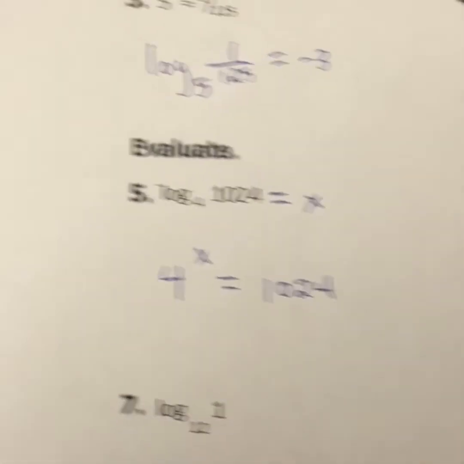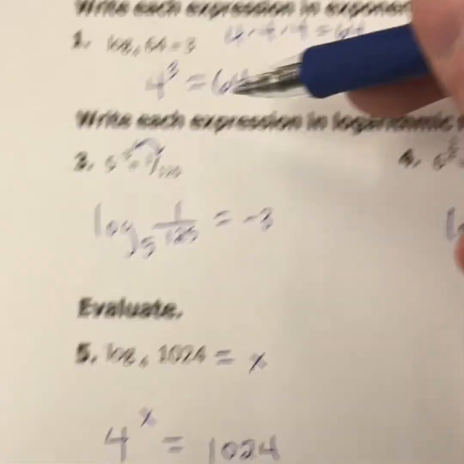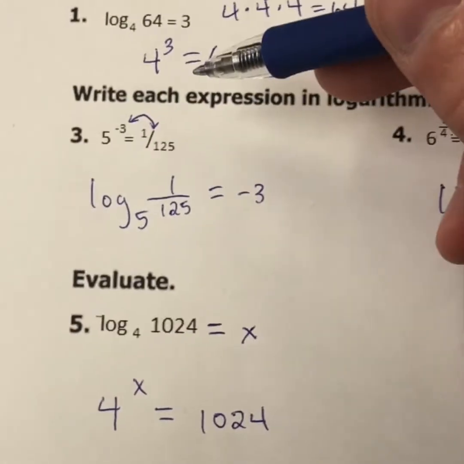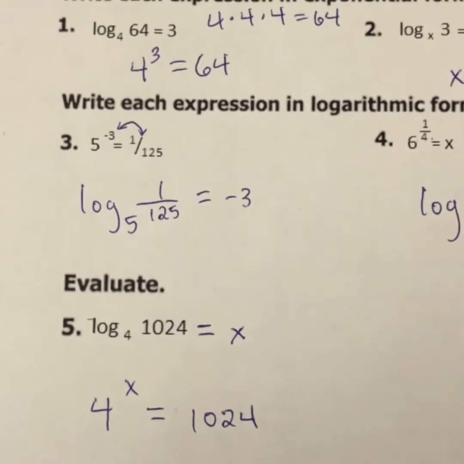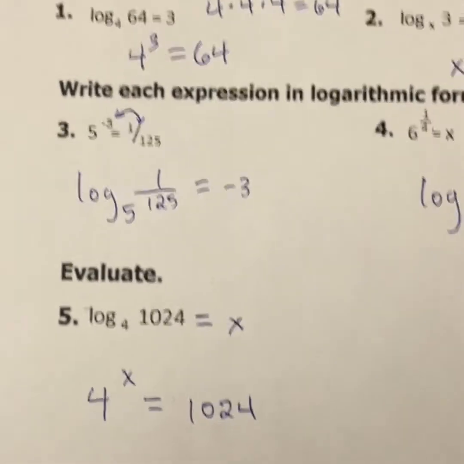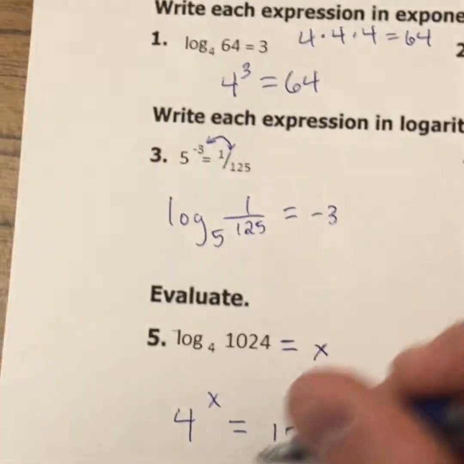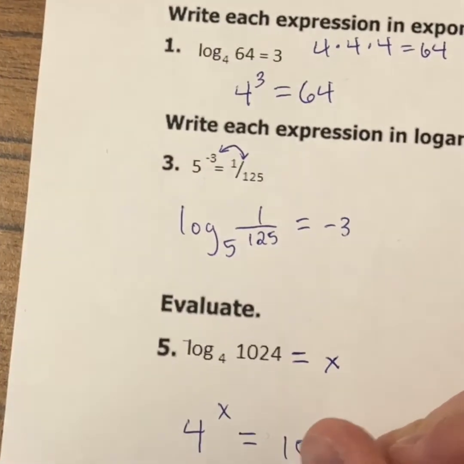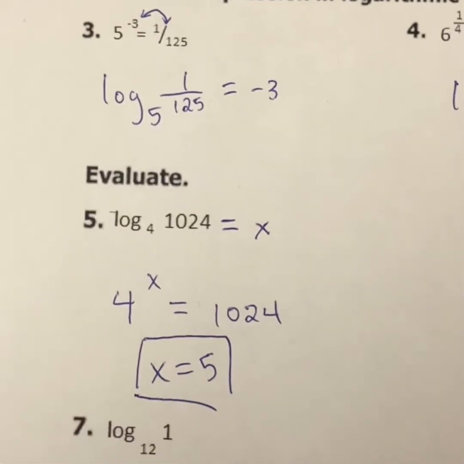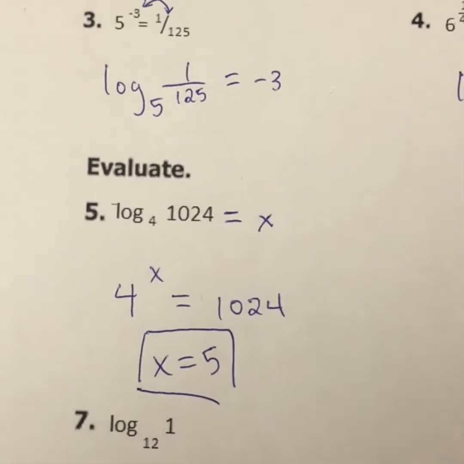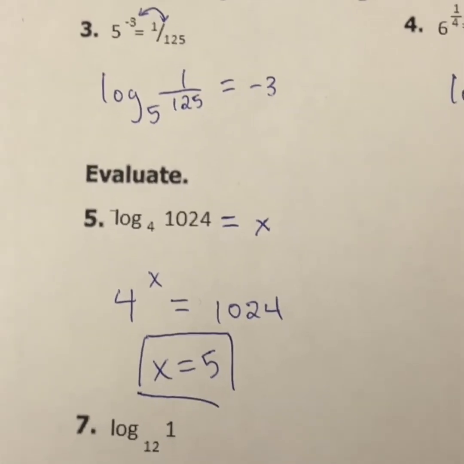It's not always that simple, but in this case, we already saw 4 to the third is 64. 4 to the fourth would be 256. So 4 to the fifth power would be 1024. So in this case, x equals 5. That's our mystery number. 4 times 4 times 4 times 4 times 4 would get you 1024. 4 to the fifth.